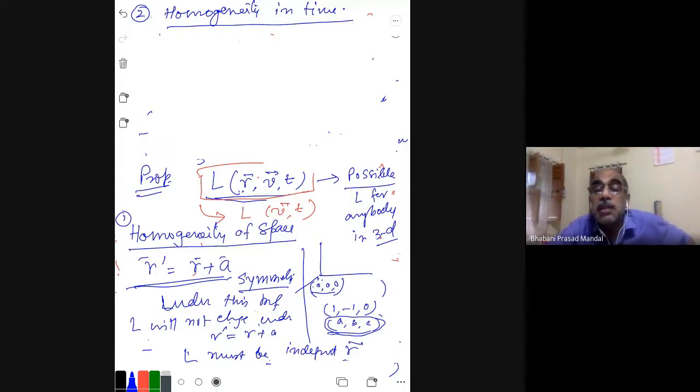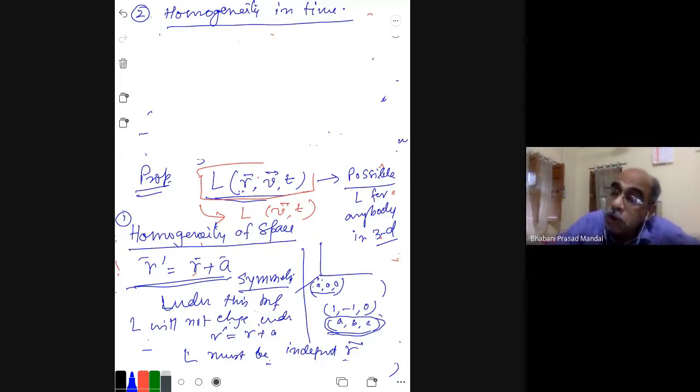I'm looking at 10:35 and I saw the particle moving with a velocity v. This is a free particle, no force acting on it. According to Newton's first law, the particle will move with the same velocity unless otherwise restricted by an external force. Now somebody looks at the same particle at 11 o'clock, the particle is moving with velocity v in the x direction, say. Somebody looks in the afternoon, at 5 o'clock, this same particle is moving with this velocity. So it does not depend on time.